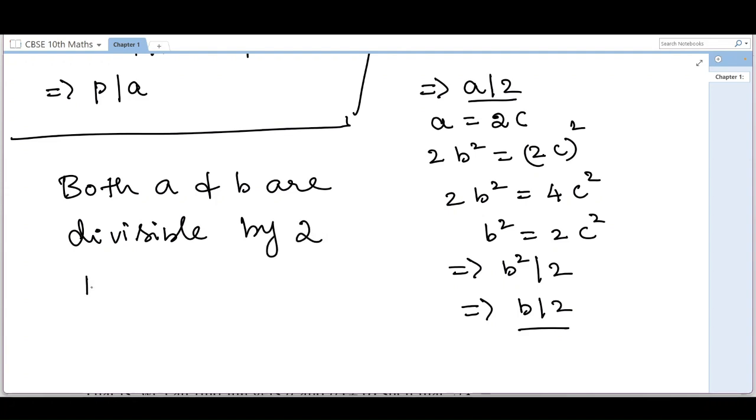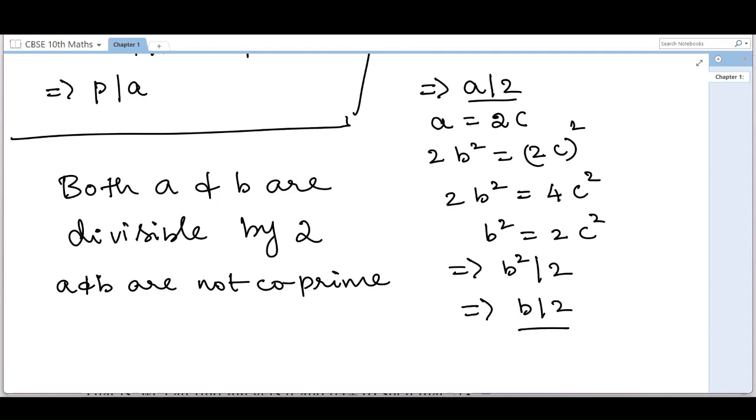Therefore, the GCD of a and b is not equal to 1. Therefore, what we have concluded is a and b are not co-prime, right?